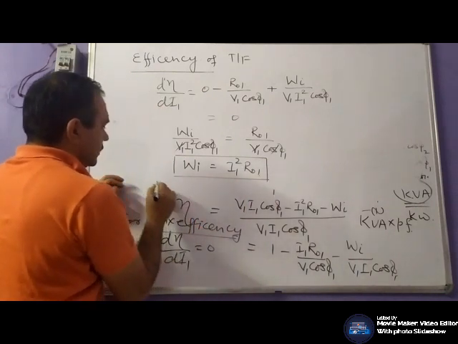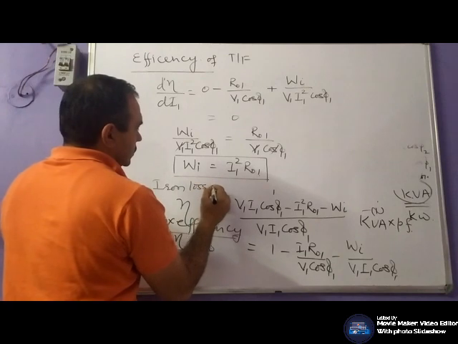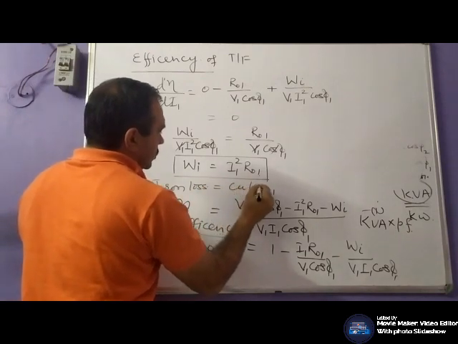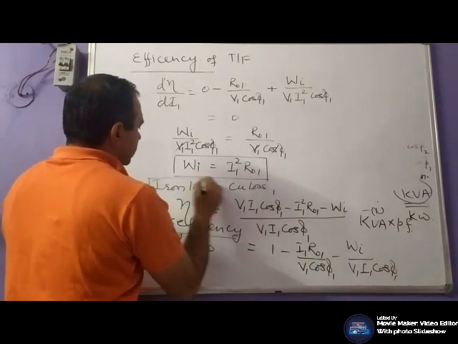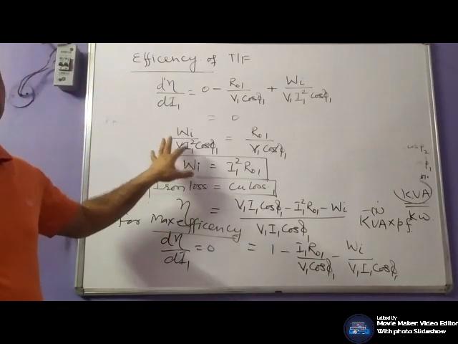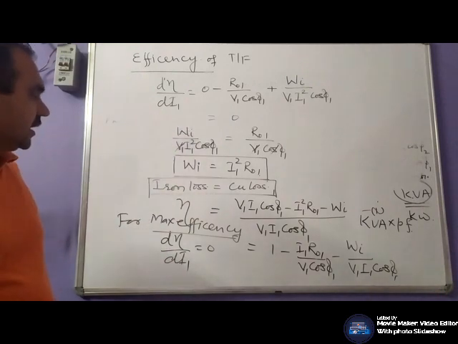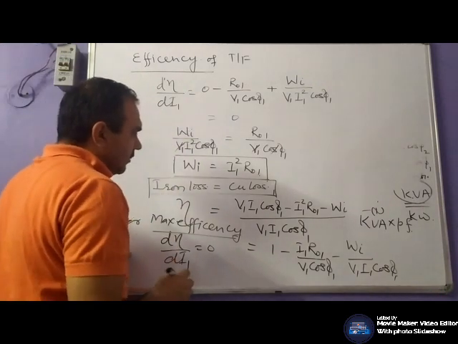That is, your iron loss is equal to copper loss. So when your iron loss would be equal to the copper loss, the efficiency of the transformer would be maximum. And what would be the maximum current?